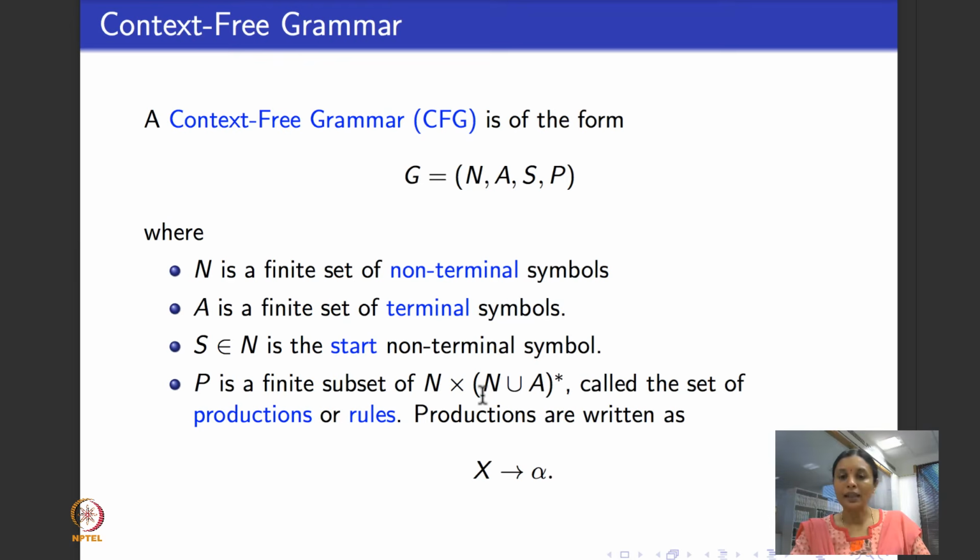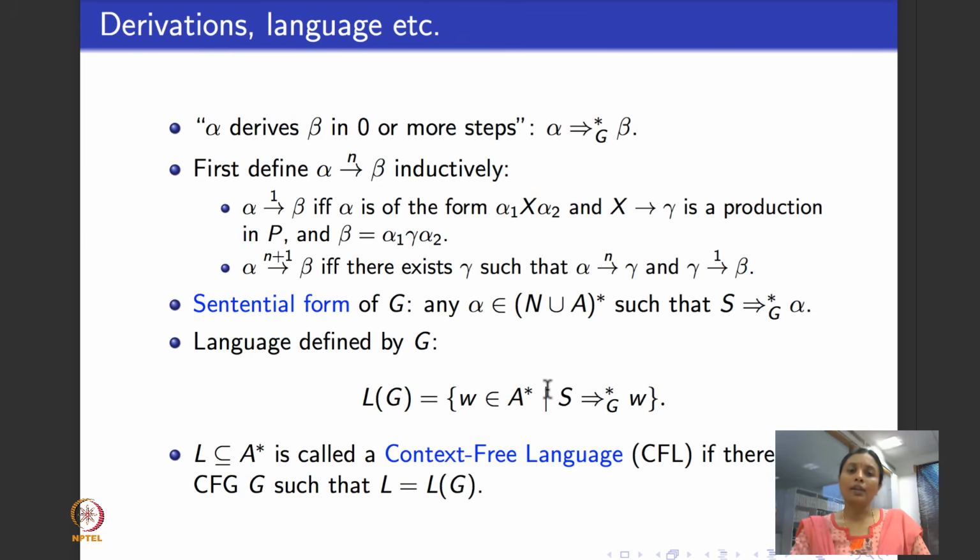That is, it could be any string that is a combination of non-terminal symbols from N and terminal symbols from A. So it's an element of N cross (N union A) star, which, for convenience and readability's sake, I write like this. So this corresponds to this capital N, it is a member of that set. This alpha is a string from this set. Is that clear, please?